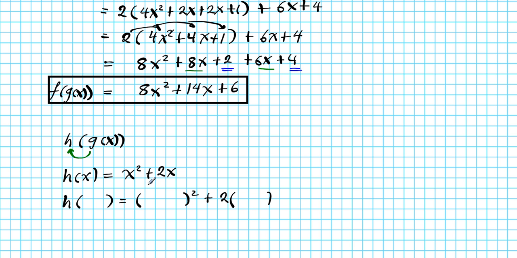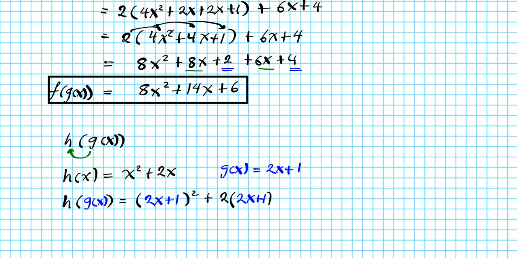Why did I take out all the x's from h of x? Well, because it's about to get an input function, namely g of x. So let's identify the input function before we make the substitution. G of x is 2x plus 1. Now the name of the input goes on the left side and the value goes on the right side. 2x plus 1 and 2x plus 1.